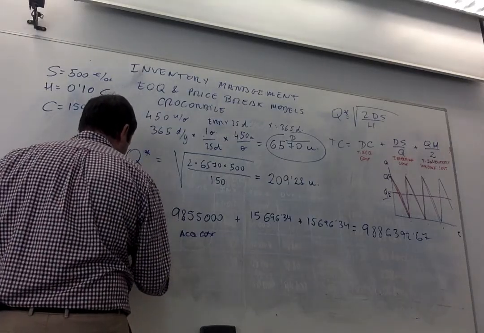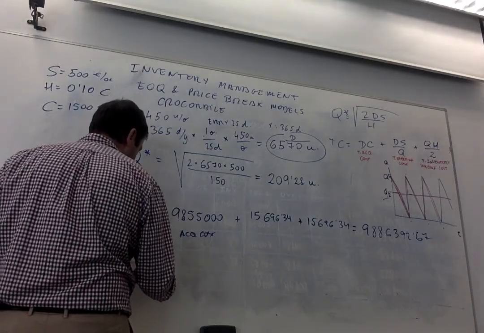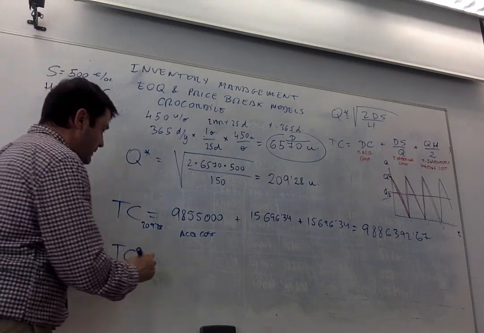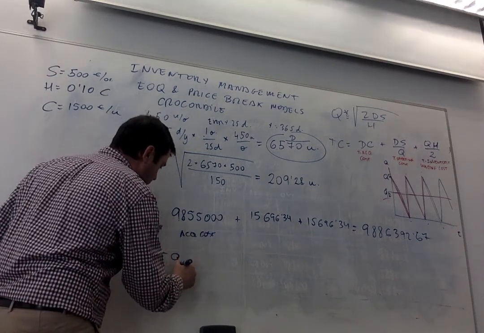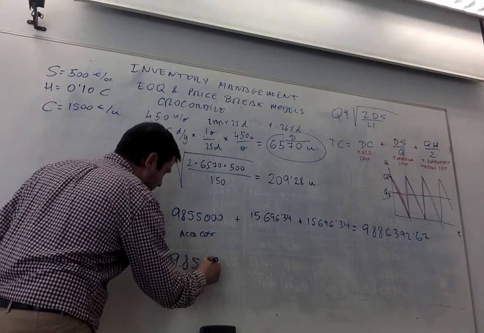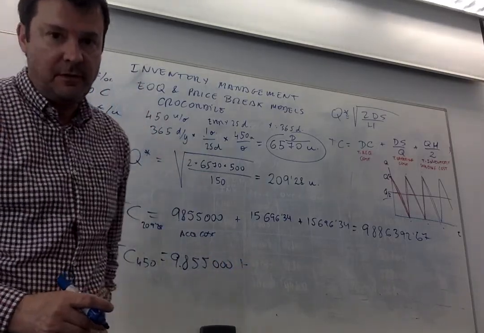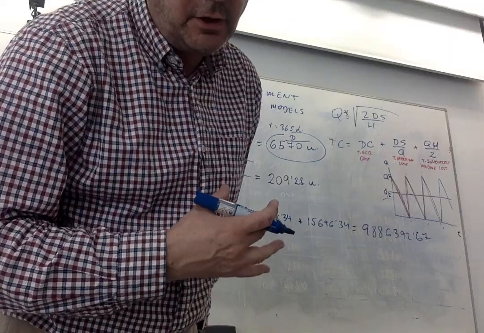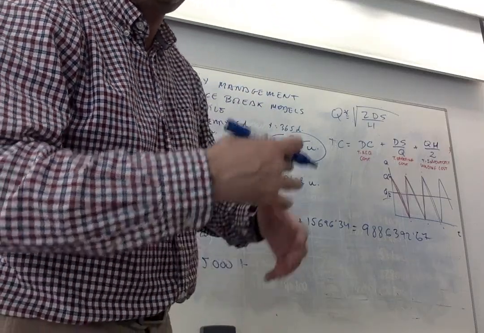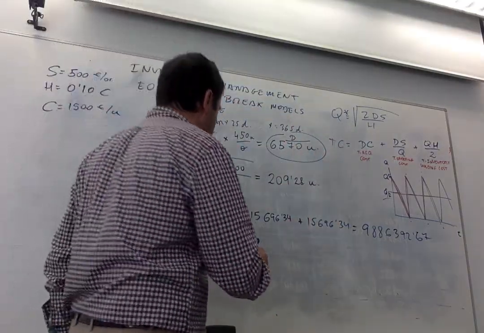All right? This is the total cost for this order size of 209. The order size that this company was using before was 450, no? So the acquisition cost was exactly the same because D and C are not changing. Now the ordering cost will be different. The ordering cost is lower because we have less orders in a year as the order size is bigger, 7,300.